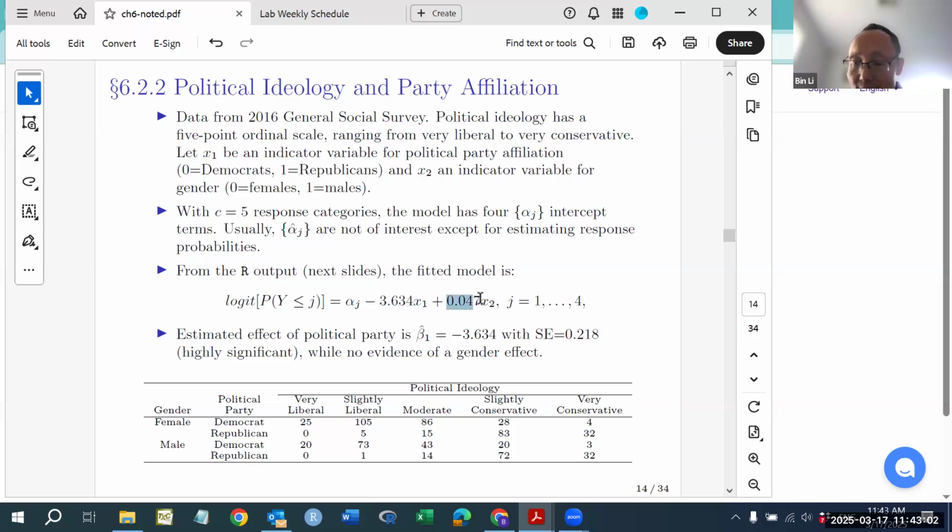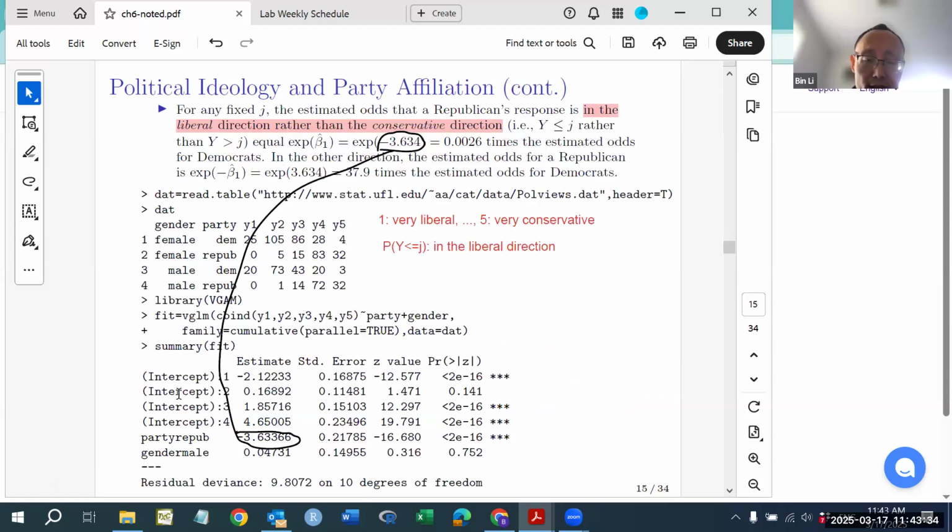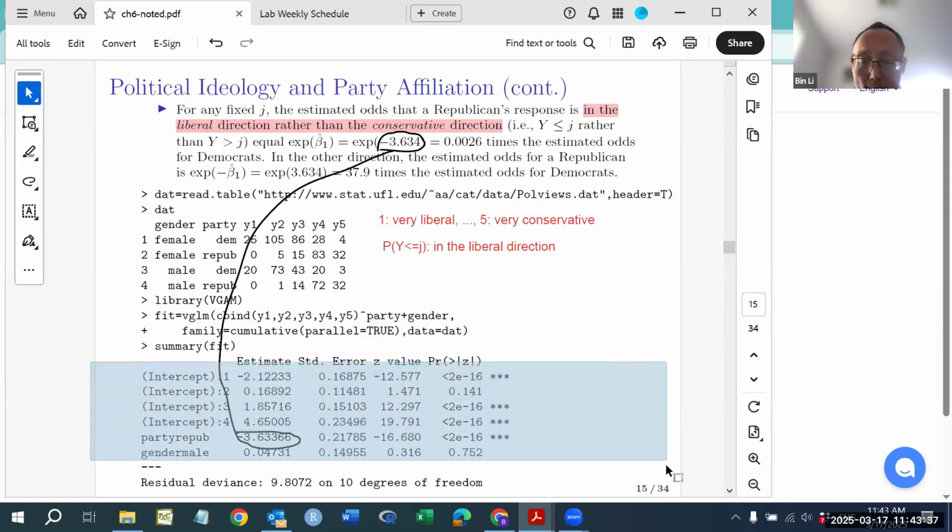And this is the coefficient for the gender effects, which is also a constant, independent of the j's. The estimated effect of the political party is this one, with standard error 0.218. You can see that it is highly significant. But for the gender effects, it's not. So here are the model results.